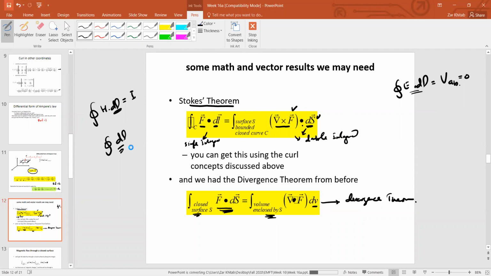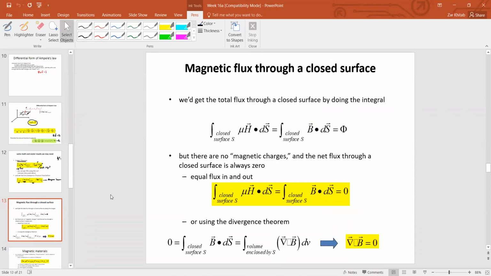If you use this Stokes theorem, you can really find a new thing, and that new law is the second Maxwell equation. Okay, so see, just like with the integral of D dot ds equals how much?